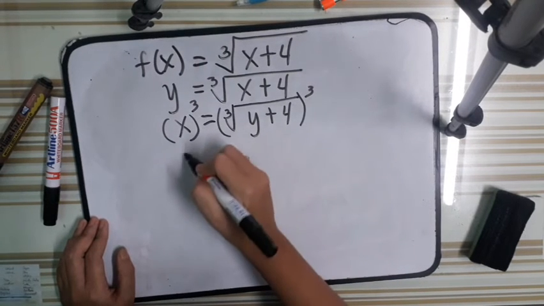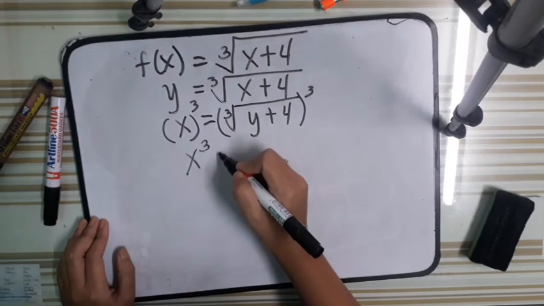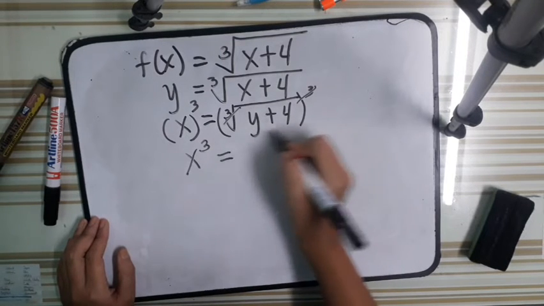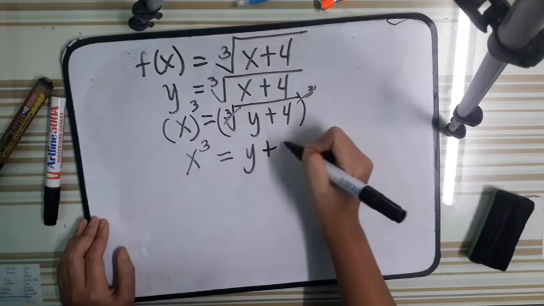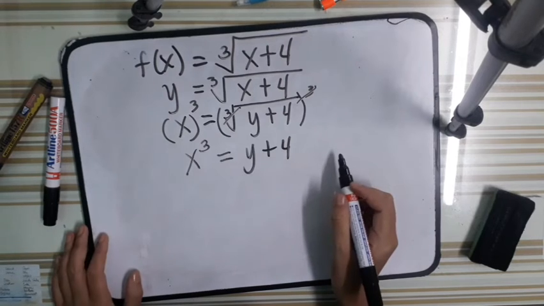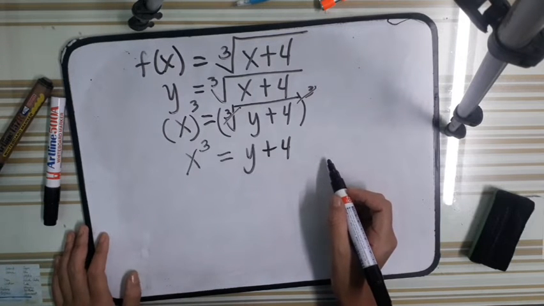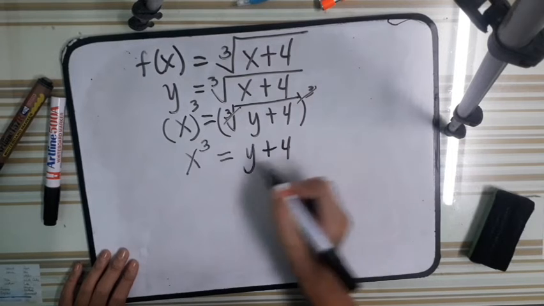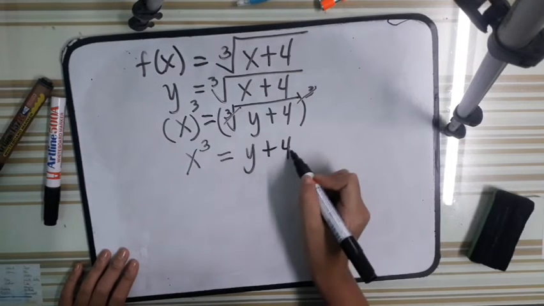So x raised to 3 is x cubed equal to, this will be cancelled out. So we write the remaining terms, y plus 4. Then isolate the value of y. Since this is positive 4, we subtract 4 on both sides of the equation to cancel this one.